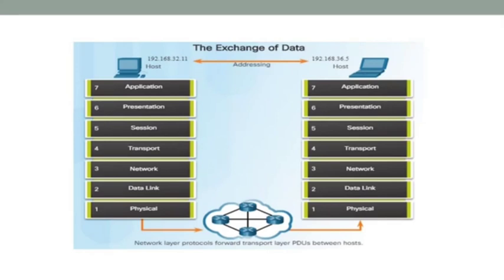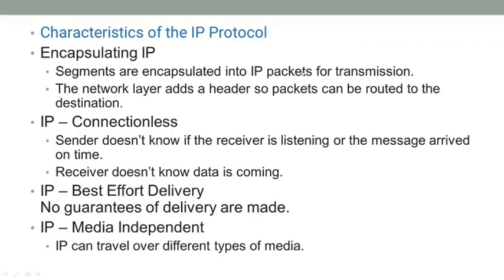This is the example of IPv4 and IPv6, the exchange of data from one host to another host. As you can see, there are 4 routers on the topology part, and this is application to application, host to host, characteristic of the IP protocol.